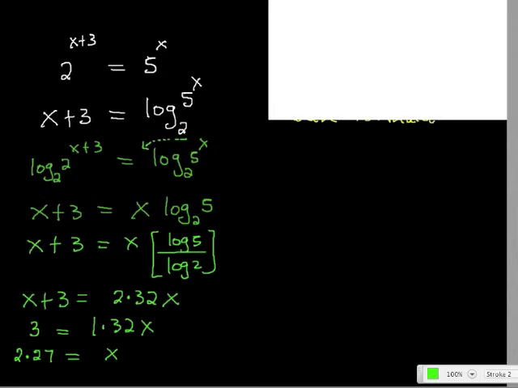Okay, it's time to learn another rule. Let's go ahead and look at this problem here. It says 2 to the power x plus 3 is equal to 5 to the power x. Typically, we've been converting this exponential form into the logarithmic form. But you notice that if I did this, I'll end up with log base 2 of 5 to the power x. And we cannot convert 2 and 5 to the same base number.